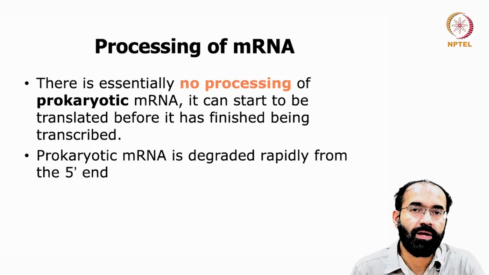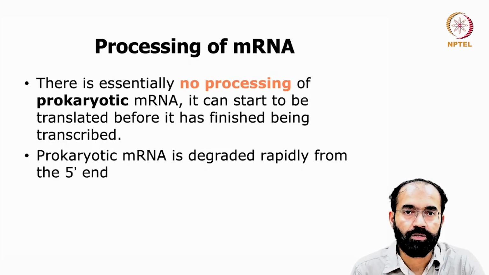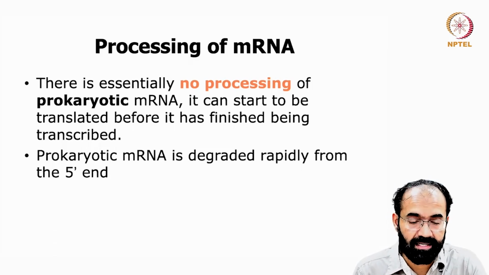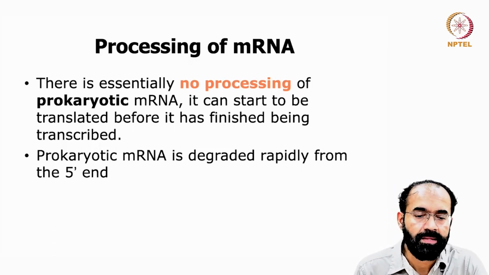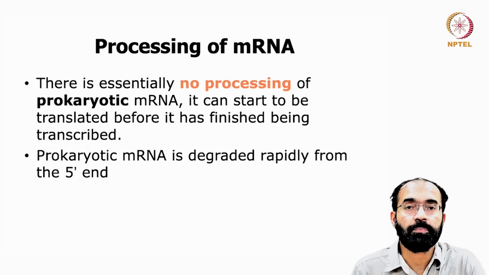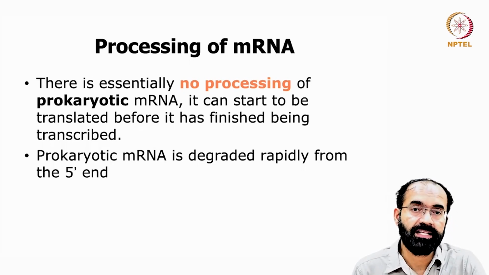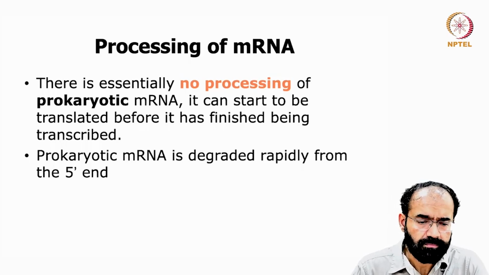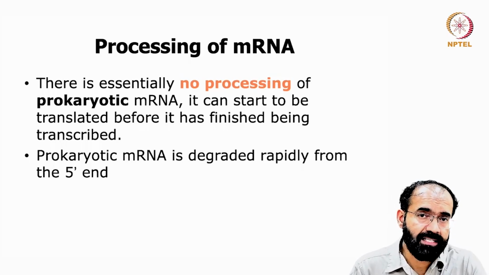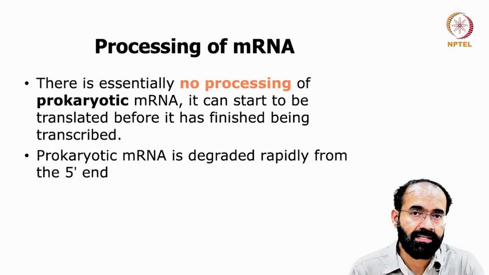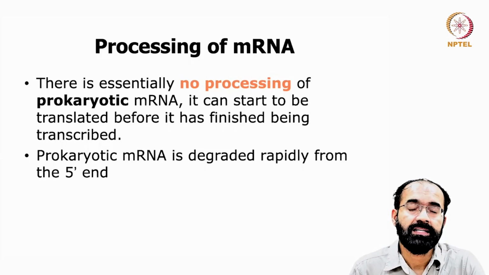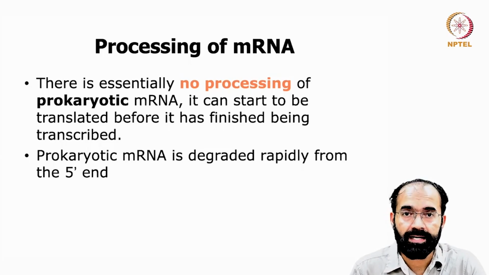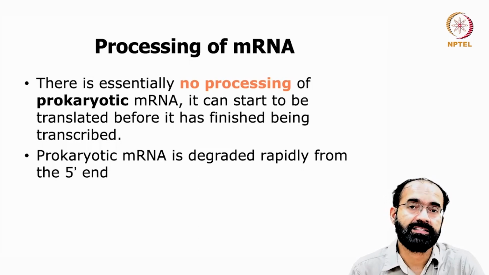Of course it needs to have some modifications that occur in the 3' tail, etc. We will see them one by one, but there is no extensive processing as occurs in the case of eukaryotes. And especially, bacterial translation can start even when the RNA has not completed its transcription.